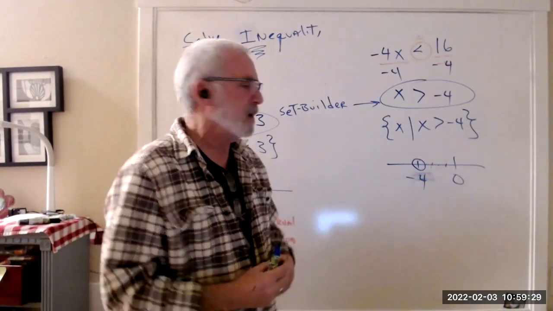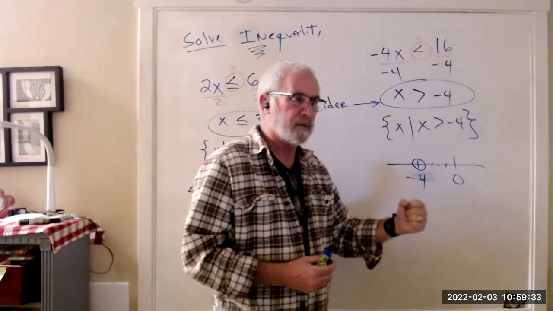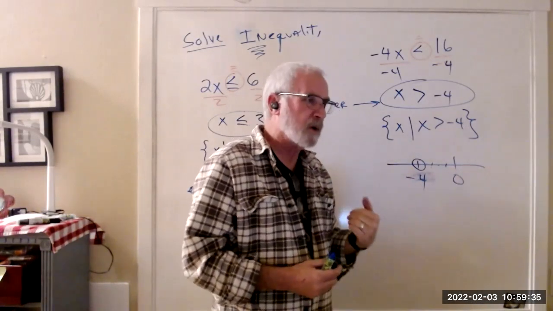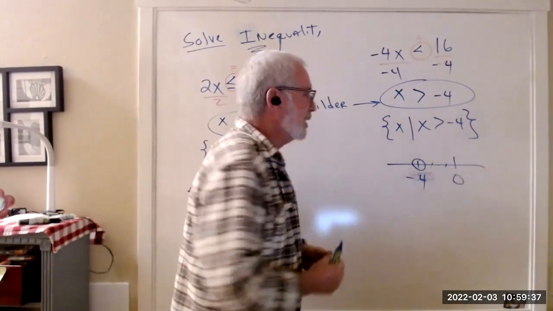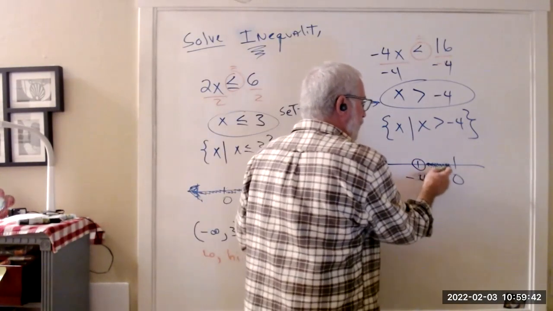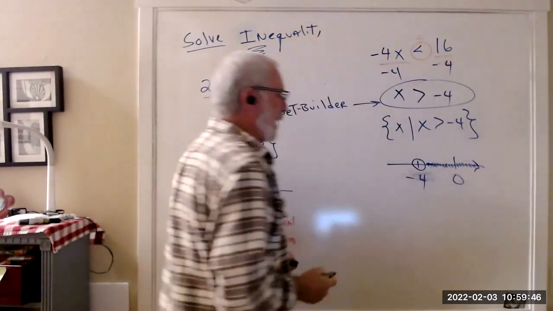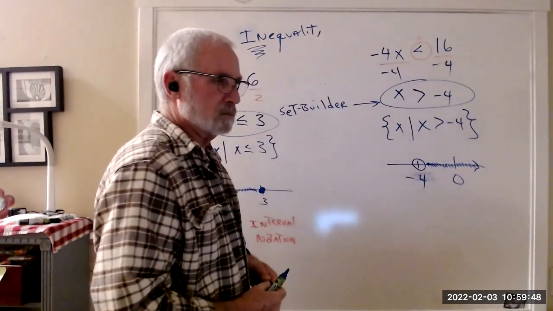And that tells everybody that -4 is a key number, but we're not going to hit it. We're going to come so close to it, but never quite touch it. And we want to be greater than, so we shade this way. That would be its graph.